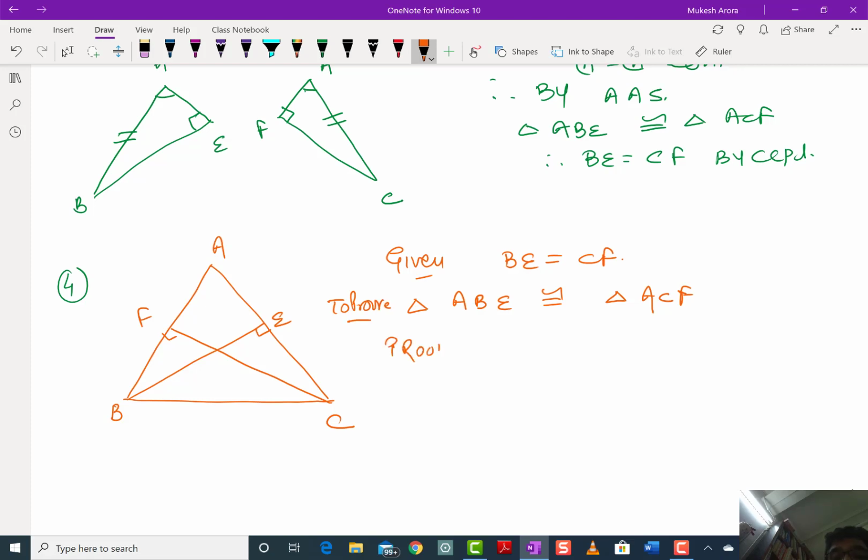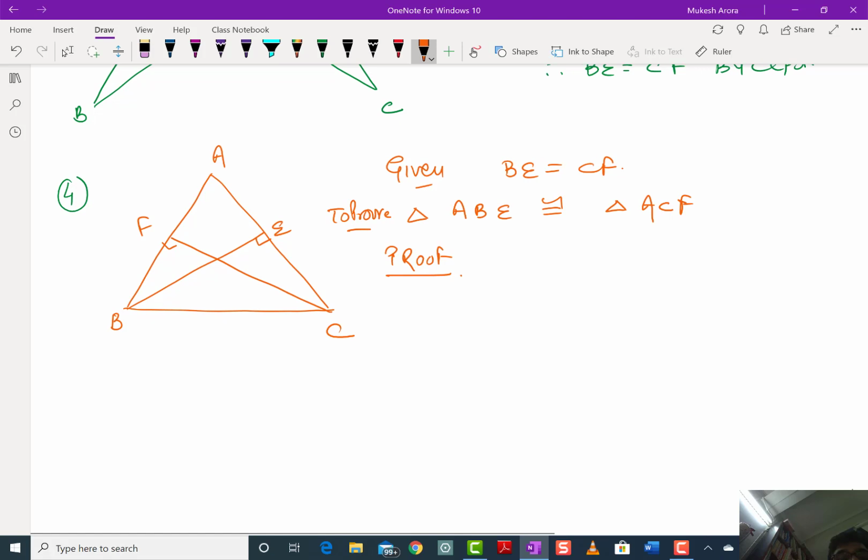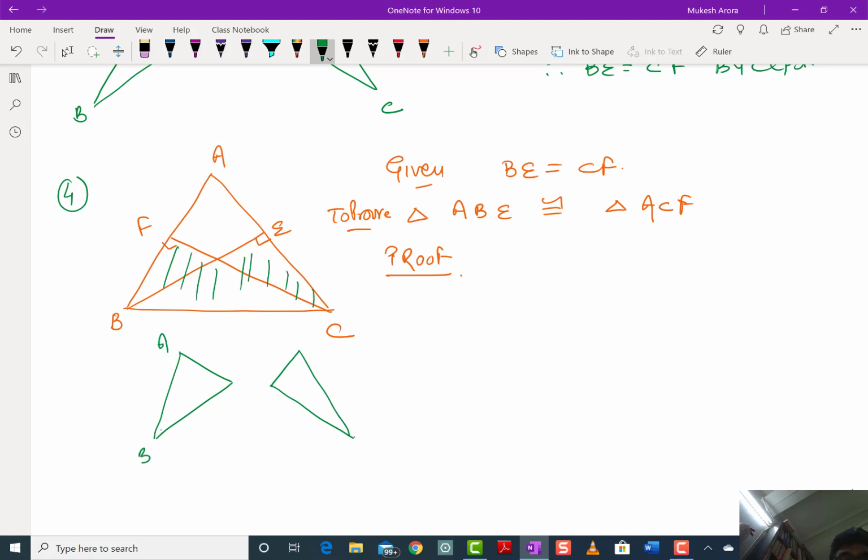Proof. If we take these triangles ABE and ACF, angle A is equal to angle A, common. Angle 1 is equal to angle 2, which is 90 degrees.